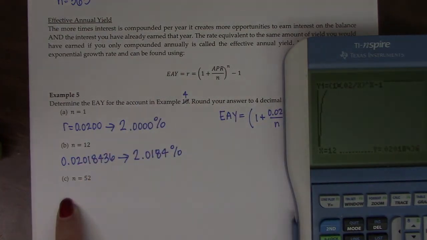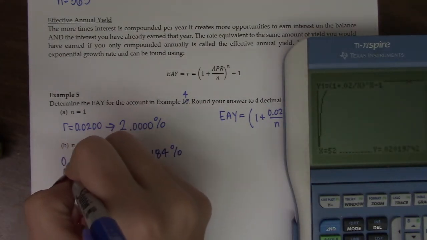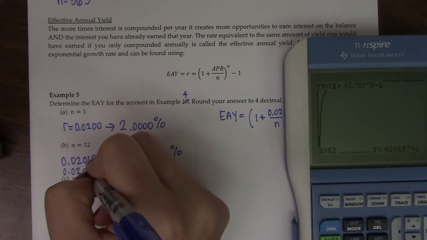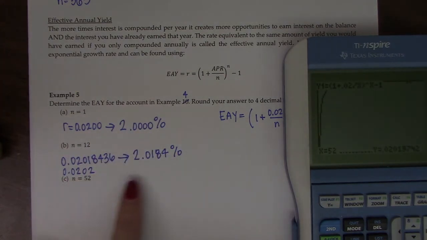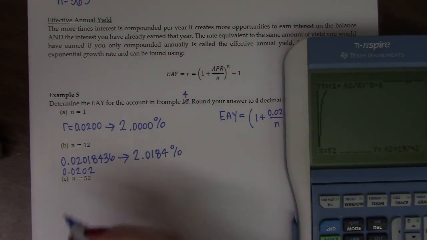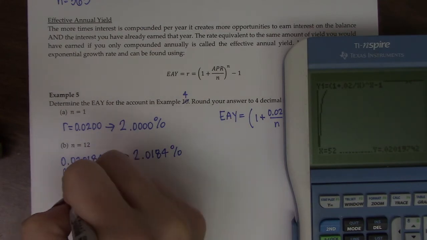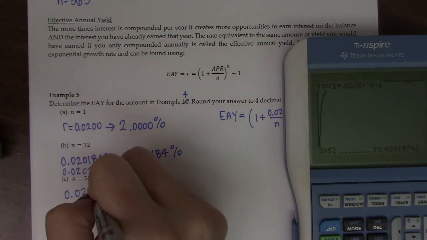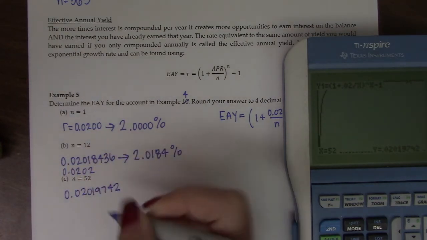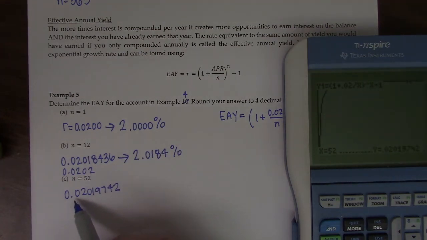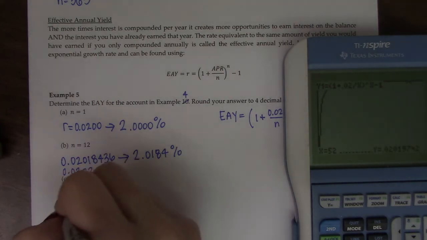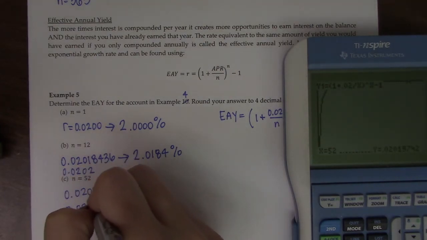If I check it for 52, and by the way, if we were told to round the rate to 4 decimal places, we would get this. But if we actually convert it to a percentage, you convert, then round to the 4th decimal place. So for 52, I get 0.02019742. If I'm asked to round this to 4 decimal places, 1, 2, 3, 4, I would get 0.0202.